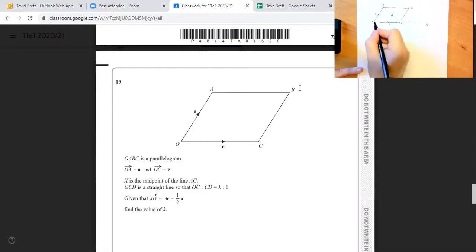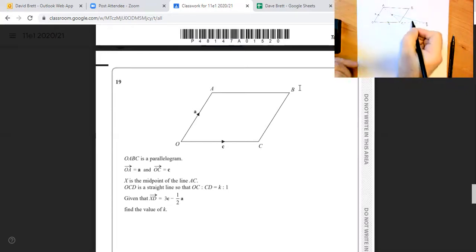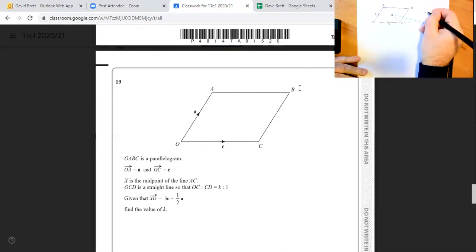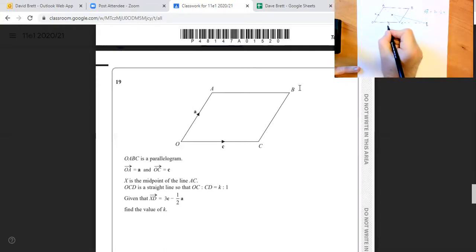Given that X to D is 3C minus half A, find the value of K. So O to C is K, and this is 1, so it's K out of K plus 1 and 1 out of K plus 1.